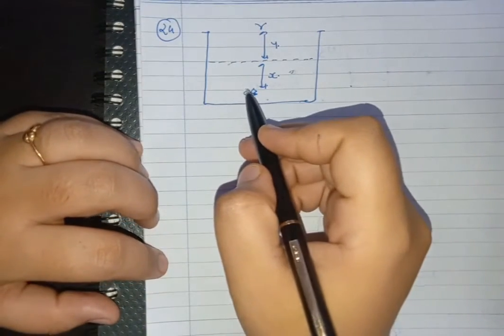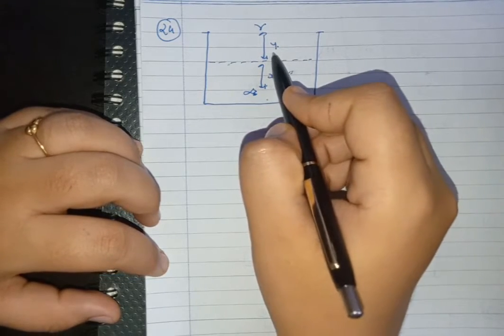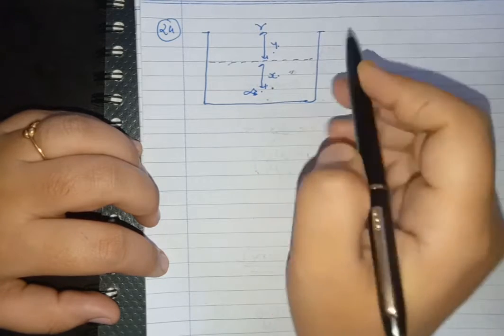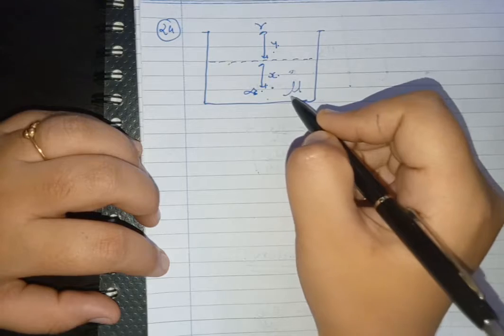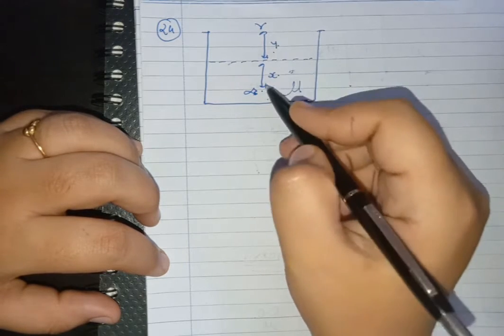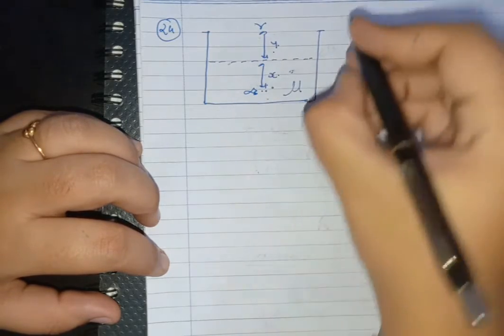In question number 24, a bird in air is at height y from the surface of water. A fish is at depth x below the surface of water. The refractive index of water is mu. We want to find the apparent distance of bird from the fish. For that, first we have to find this apparent height.